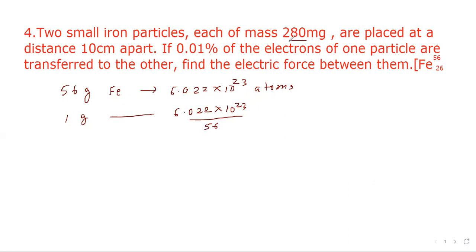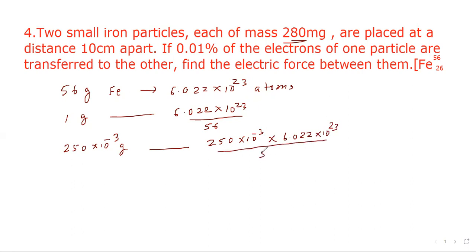Here we are given 250 milligram. So 250 into 10 to the power minus 3 gram will contain 250 into 10 to the power minus 3 into 6.022 into 10 to the power 23 divided by 56 atoms.